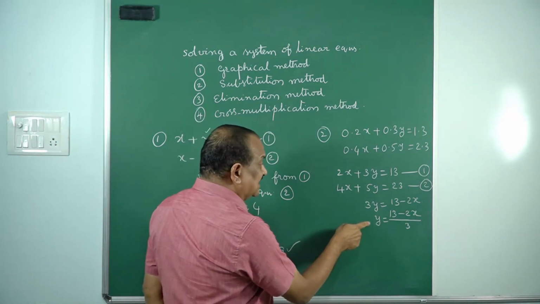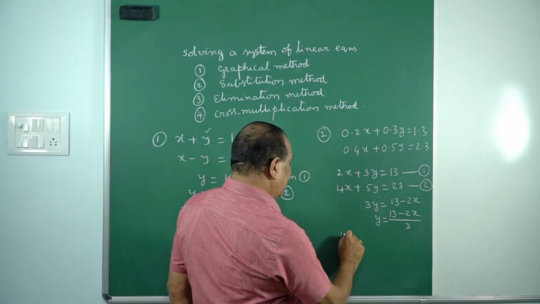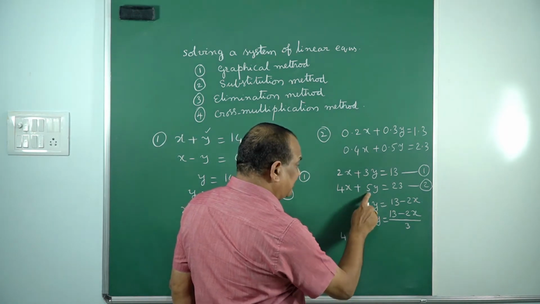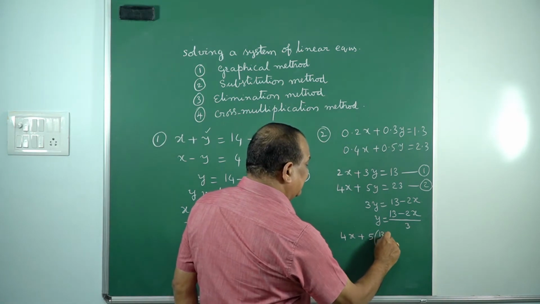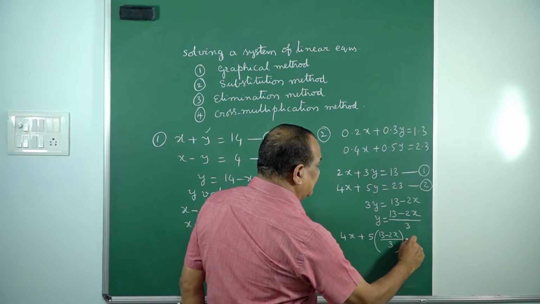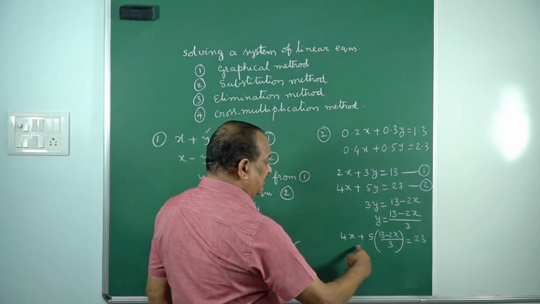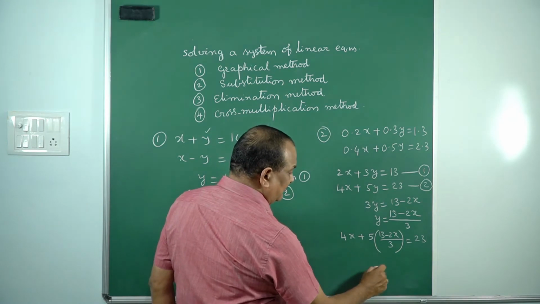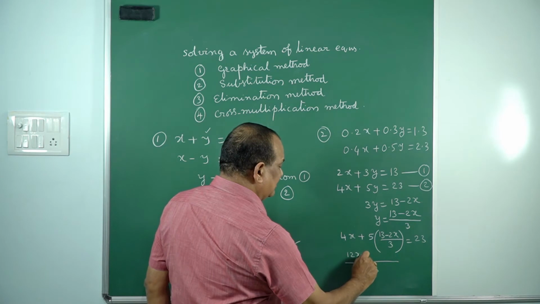If this is substituted in the second equation, I am going to get 4x plus 5 times y, and what is y? (13 minus 2x) by 3 is equal to 23. My LCM of denominators is 3. 3 times 4x is 12x.